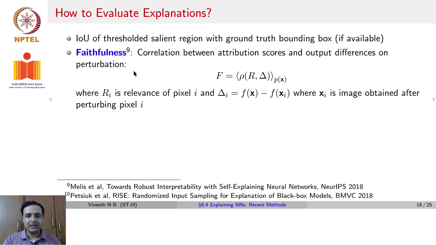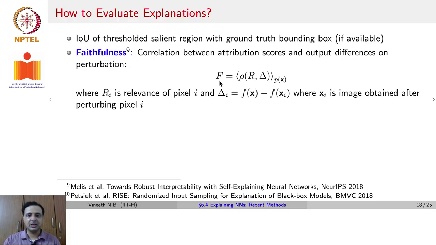So we are trying to see if you perturb an input and you see an output change, and if you see a significant output change, then the attribution of that input should also be high because that affected the output significantly. So the correlation between the attribution score and the output differences on perturbation should ideally be high.